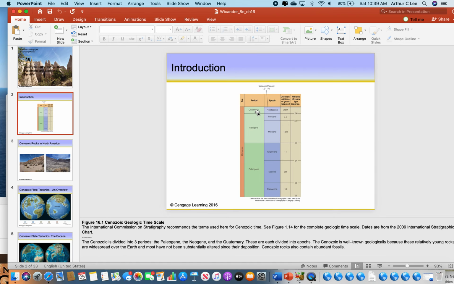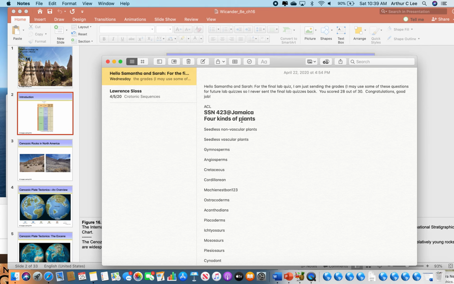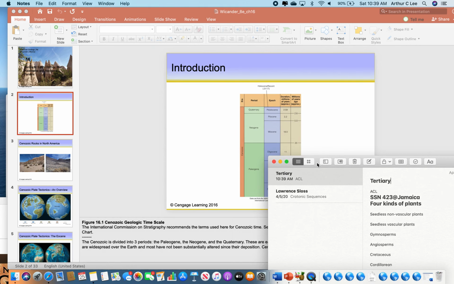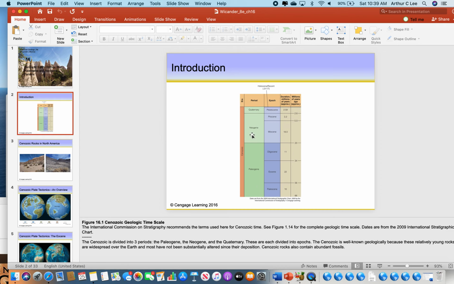However, most American geologists use this other word, which you're going to see again and again and again, called Tertiary. The Tertiary period is what we're going to use instead of Paleogene and Neogene. It'll also make it easier for you to remember on the test.